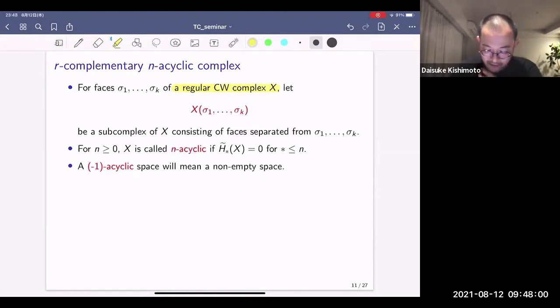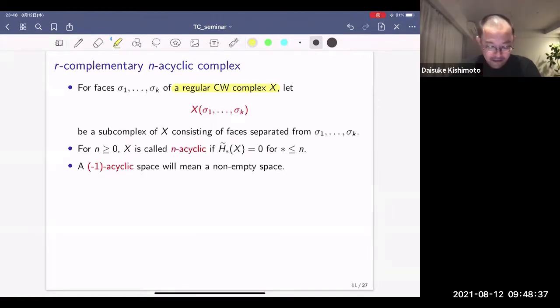So it is obtained by removing the open stars of sigma 1 to sigma k from X. And as usual, we say that X is n-acyclic if its homology is isomorphic to that of a point in dimensions less than n. And for convenience, we say that a space is (-1)-acyclic if it's not empty.